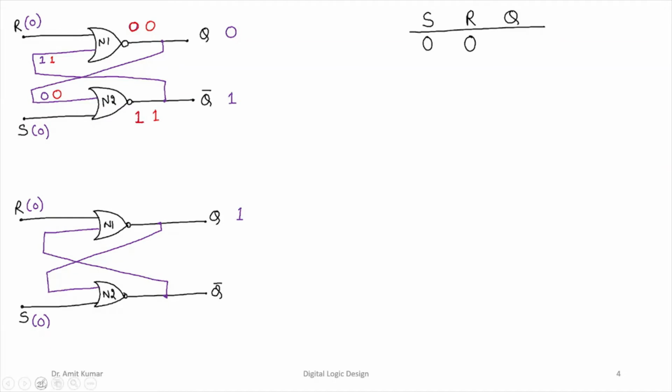Now if you look again at the feedback mechanism, since the feedback is present, this 0 with the help of feedback will be made available to the input of this NOR gate. This one with the help of feedback will be made available to the input of this NOR gate. So 0 NOR 0 is again resulting in a 0, and 0 NOR 1 will result in a 0. 0 NOR 0 will result in a 1.